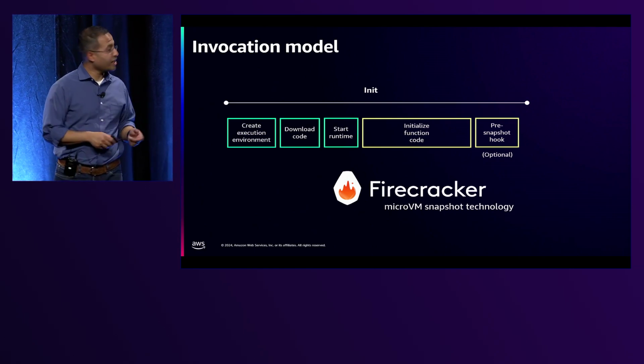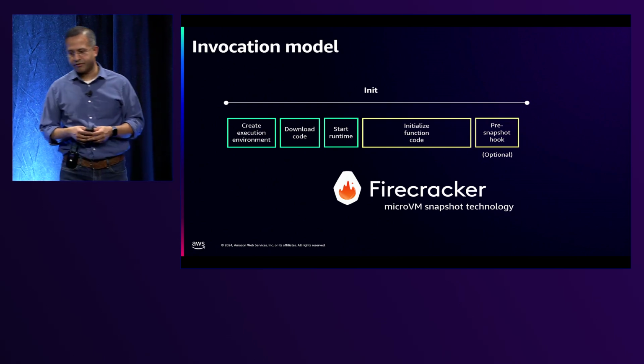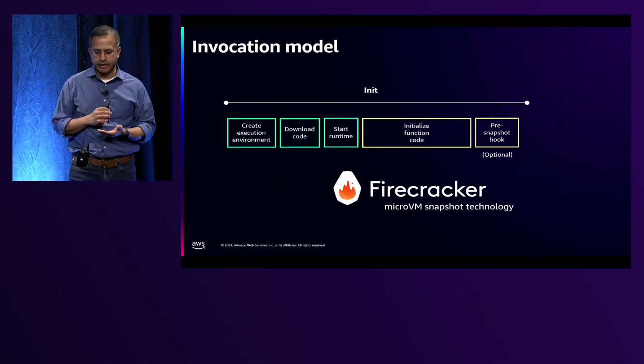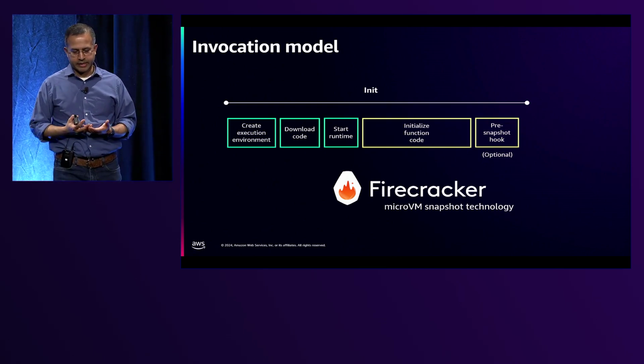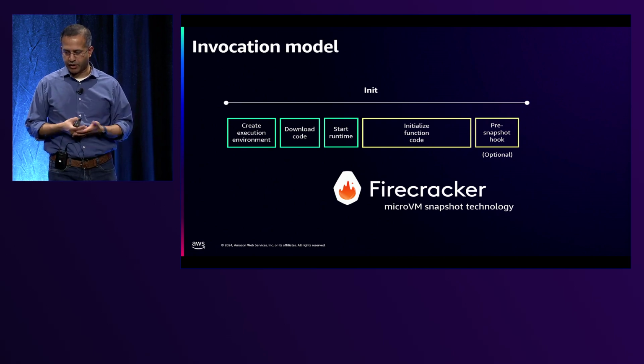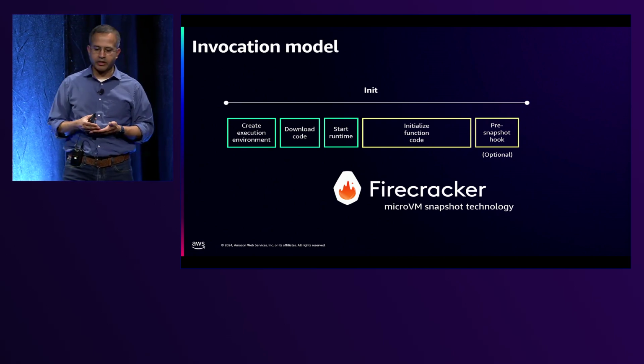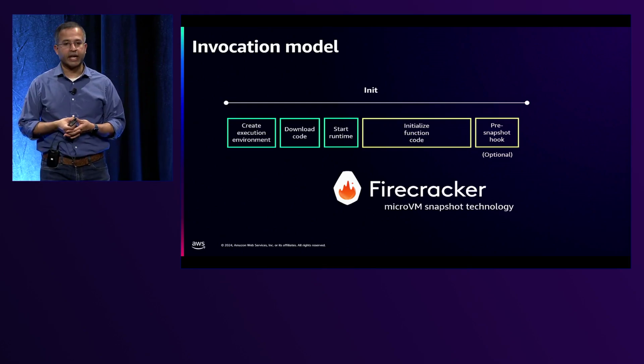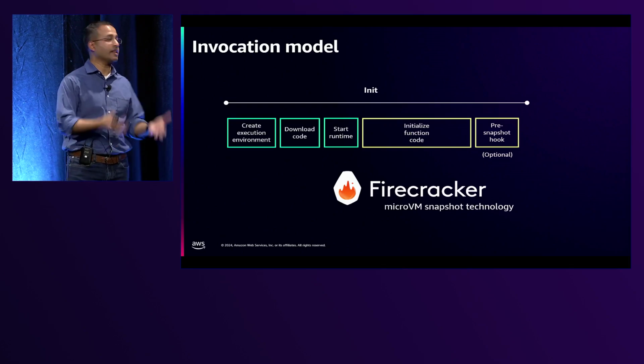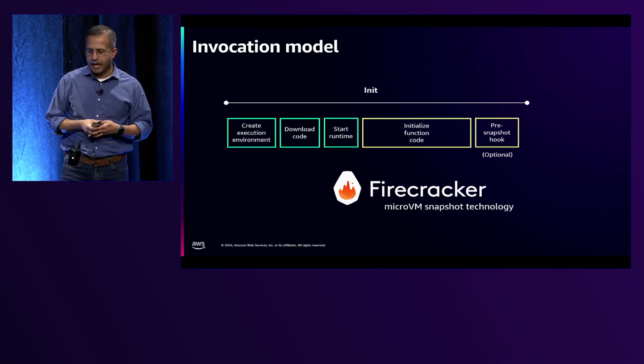Let me talk about the invocation model with Firecracker. I talked about how as part of SnapStart, we use the Firecracker micro VM. It offers both security as well as low latency for creating these snapshots and then loading them back up.